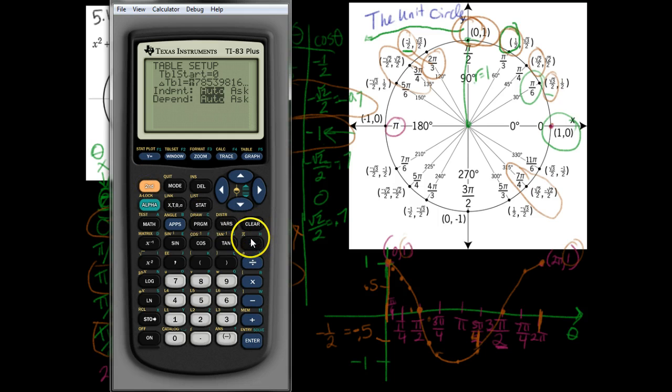So you can do second pi divided by 4. For the independent variable, that means the input, you're going to have the calculator do the auto. So it does the work for you, and it also spits out the output.